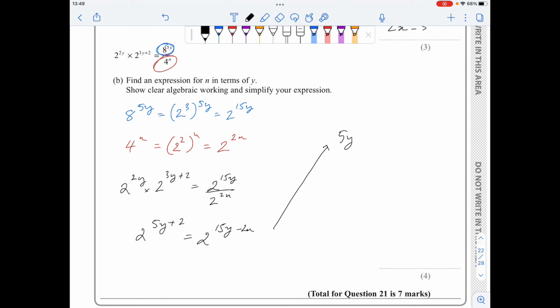So 5y plus 2 is equal to 15y minus 2n. So 2n is equal to 10y minus 2. And if you divide everything by 2, you get n equals 5y minus 1, which is the answer I want.